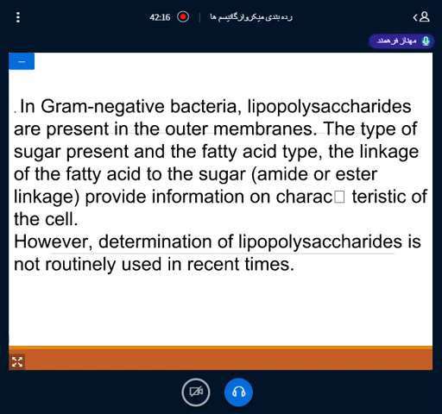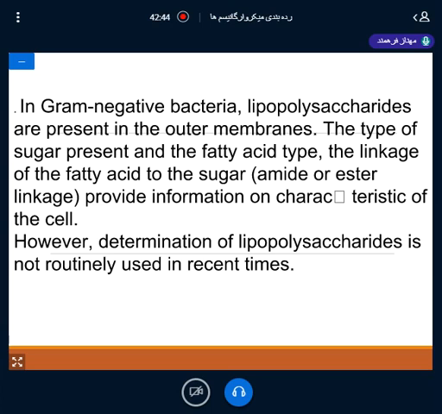In gram-negative bacteria, lipopolysaccharides are present in the outer membranes, the type of sugar present and the fatty acid type. The linkage of the fatty acid to the sugar, amide or ester linkage, provides information on characteristics of the cell. However, determination of lipopolysaccharide is not routinely used in recent times.